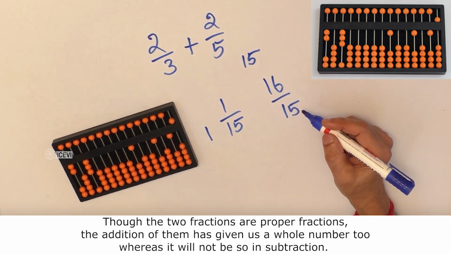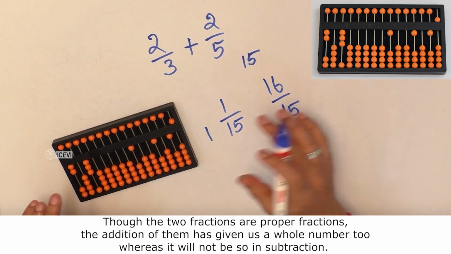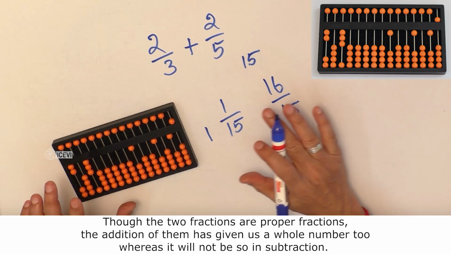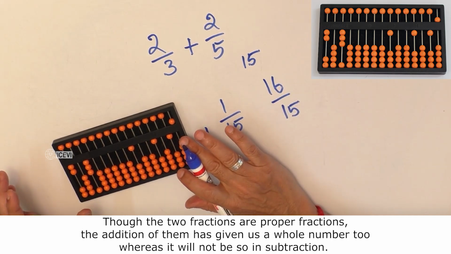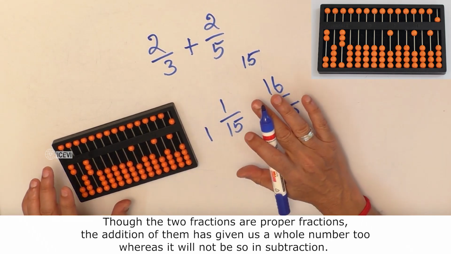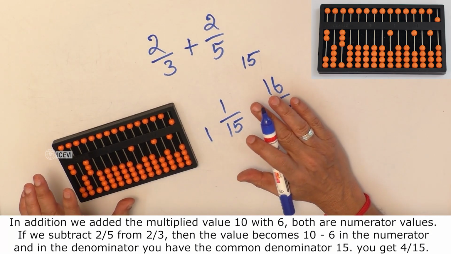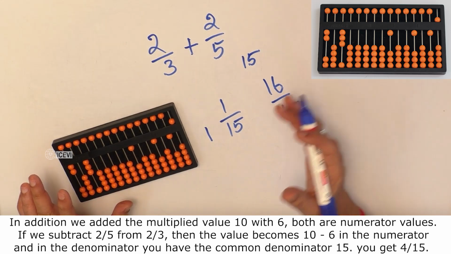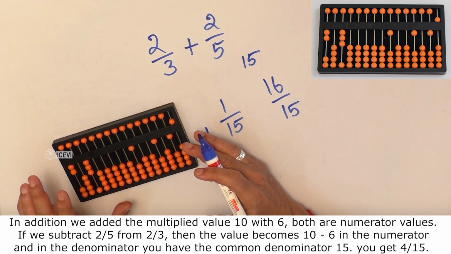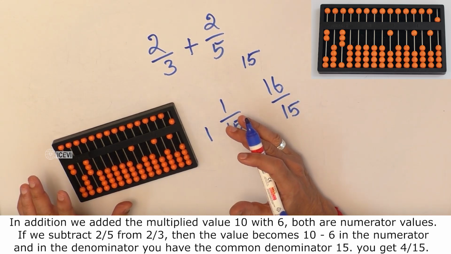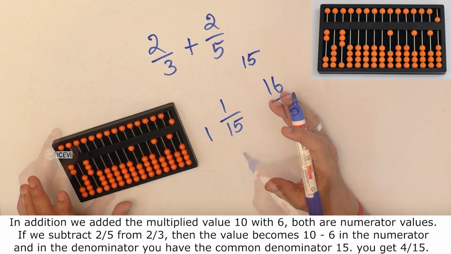Though the two fractions are proper fractions, the addition of them has given us a whole number too, whereas it will not be so in subtraction. In addition, we added the multiplied value 10 with 6. Both are numerator values.